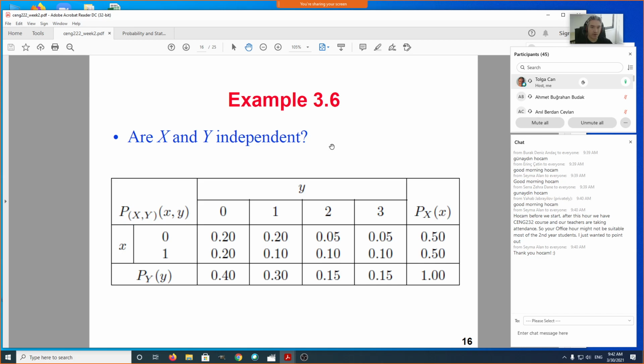Is it all around some average number, or is it all over the place? So we are going to learn expectation and variance and some properties of expectation, like its linearity, the expected values of random variables which are linearly combined or multiplied with some constants. So we are going to talk about these today.